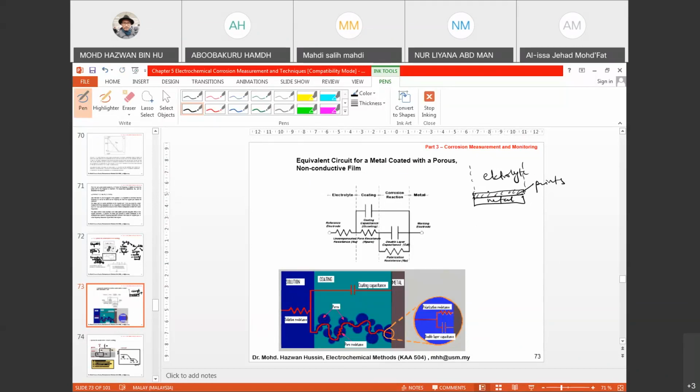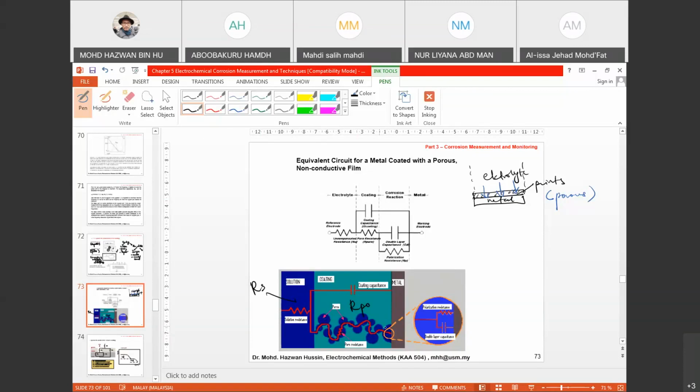Okay, so I told you that the oxygen in water can still penetrate the layer of paint, because in this case it has porous properties. So you can see from here, this is RS, and then the solution can travel into the pore, and this causes a resistance, and we call it pore resistance, RPO.